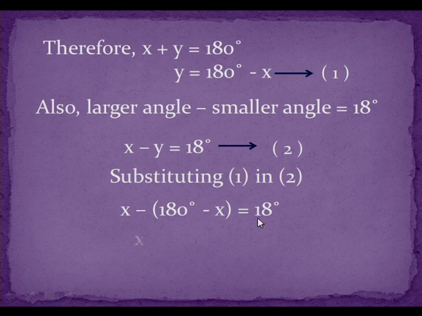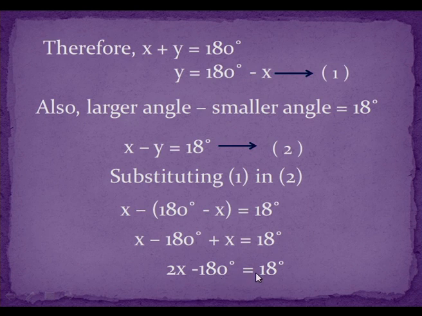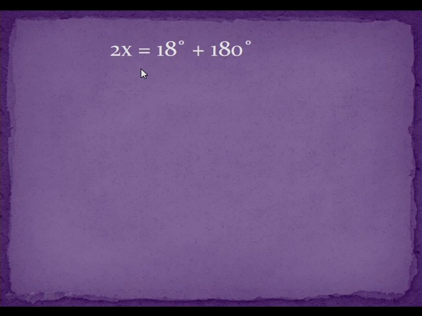When we open the brackets, we get x minus 180 degrees, minus into minus gives me plus again here. So, I get x minus 180 degrees plus x is equal to 18 degrees. Now, when we add up x and x, we get 2x minus 180 degrees is equal to 18 degrees, which means I am transposing this minus 180 to the other side.